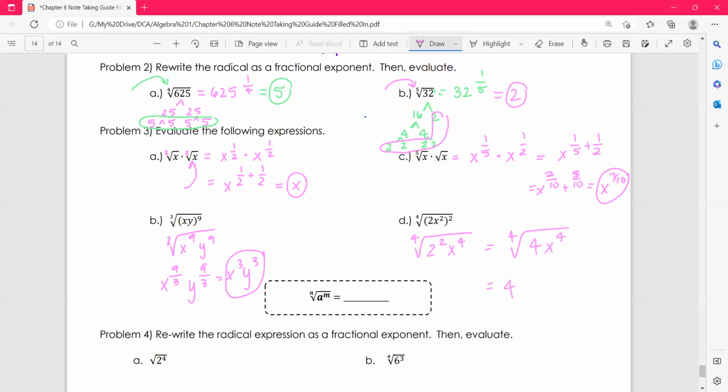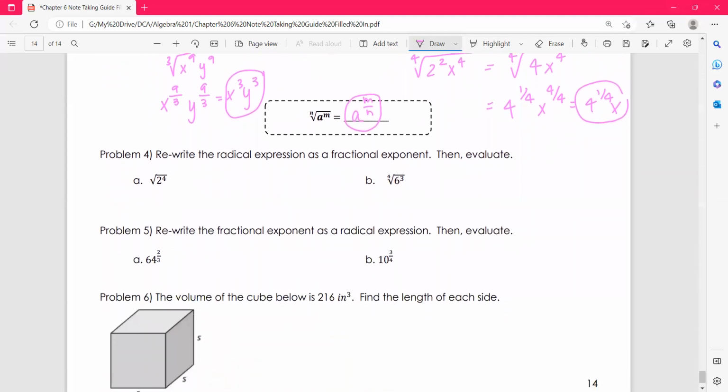And so I'll have 4 to the 1/4 x to the 4/4. 4 to the 1/4, this is just x. And there's our final answer. The rule here is, again, we take our index, that becomes our denominator, and the exponent becomes our numerator. Notice the pattern, remember the pattern, that's what we're going to use.